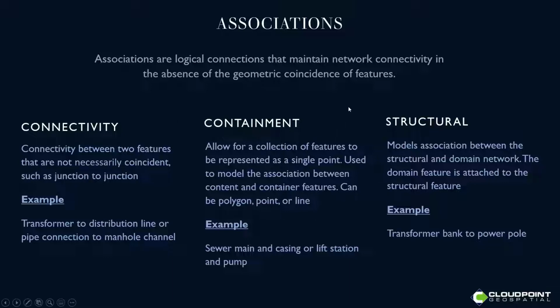So containment allows for a collection of features to basically be represented as a single point, which helps to declutter the map. So it's used to model the association between content and container features. And again, there are certain features that are allowed to be containers. So as you customize your utility network, keep in mind that the asset package is a starting point.